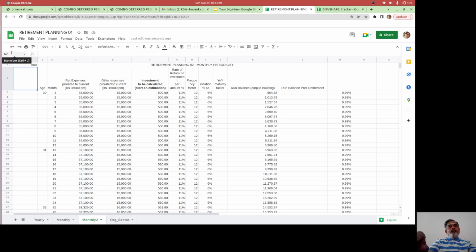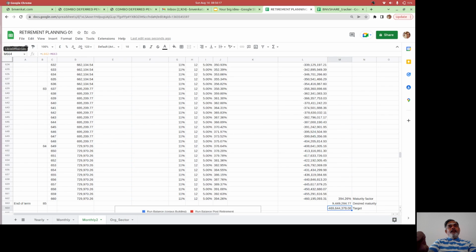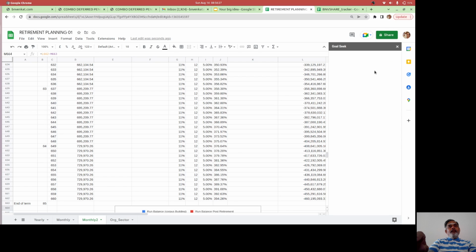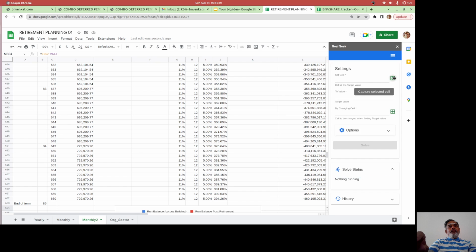Now we go to the target cell, that is M64, and now let us calculate the goal seek. Goal seek, open. This is the target field.